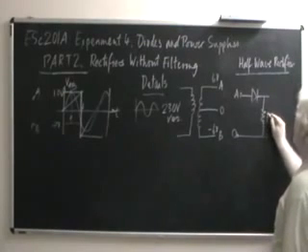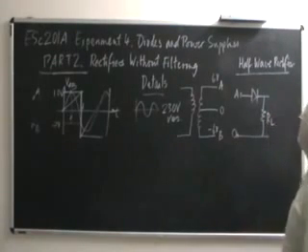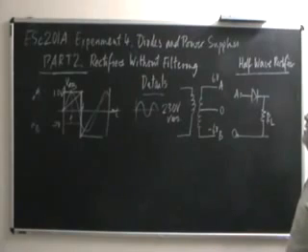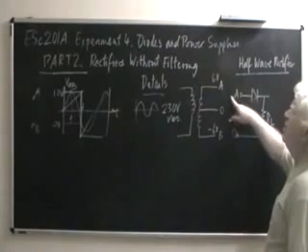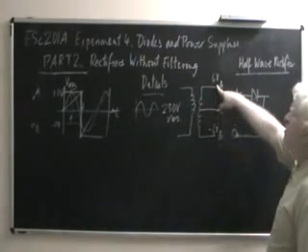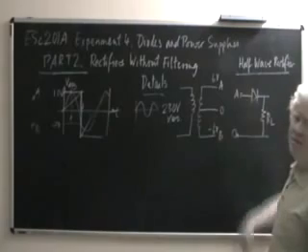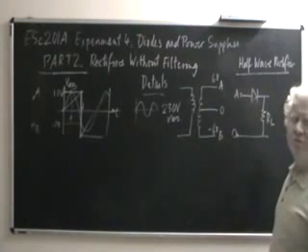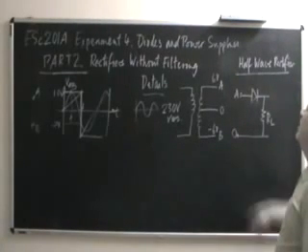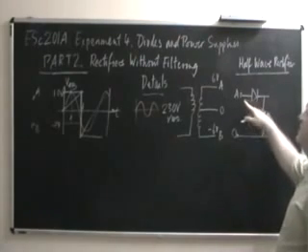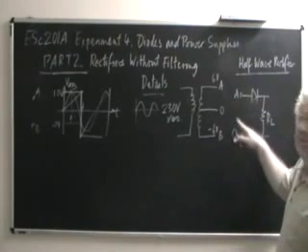This is the load, which we will call RL. Now what happens? These are both alternating voltages. The values given here are the RMS values, root mean squared values.